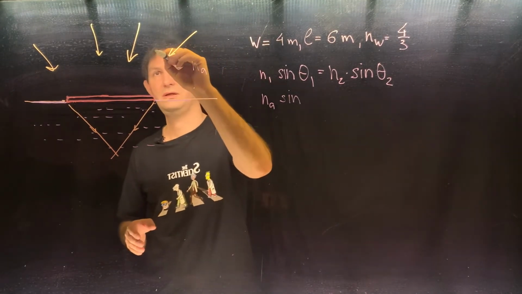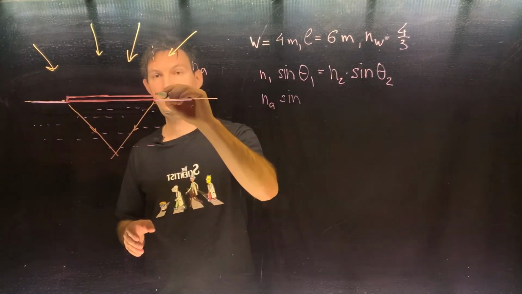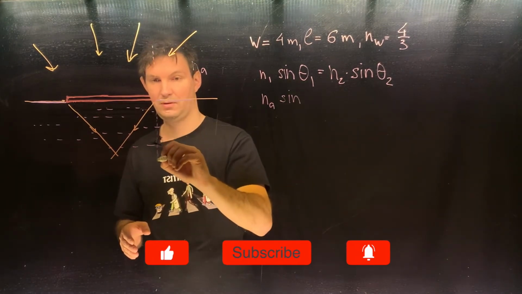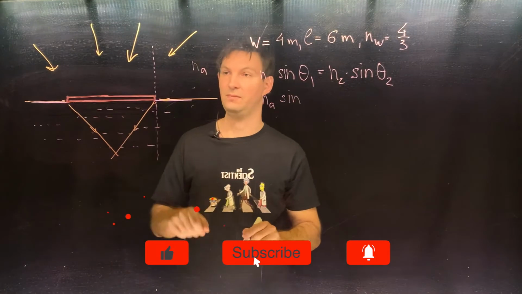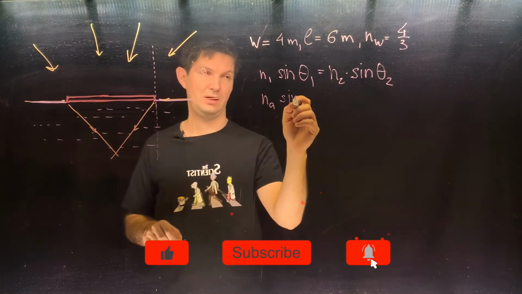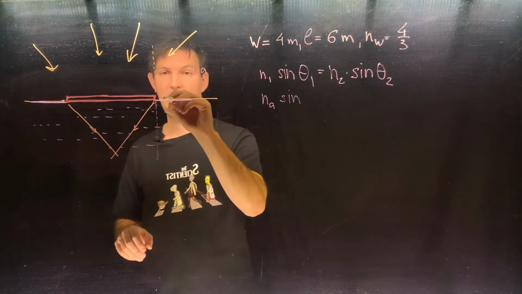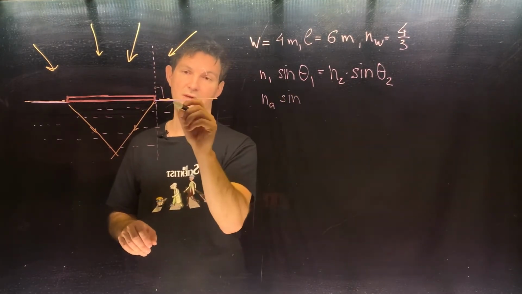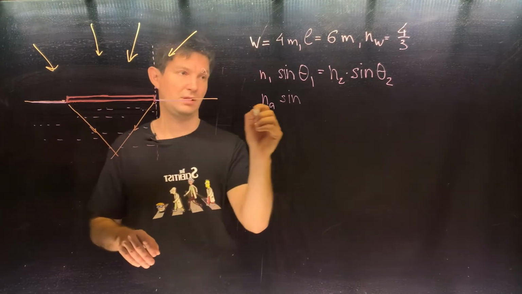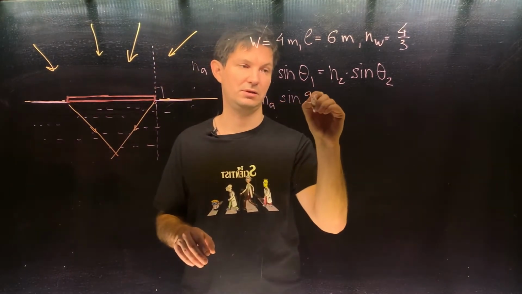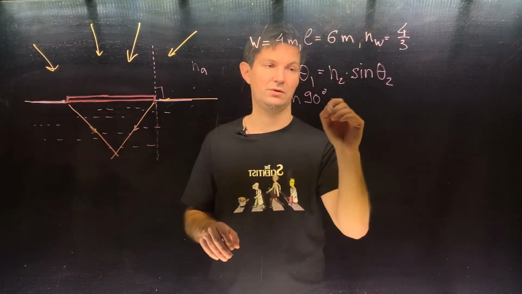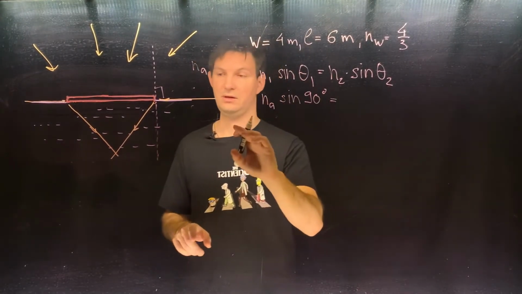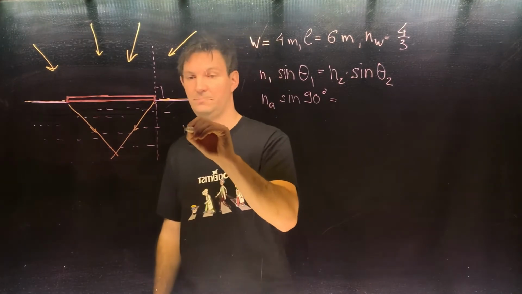In our case, we must draw a perpendicular to the surface of water, and the incident angle is 90 degrees. This is the angle for the last beam here. So it is 90 degrees equals, here is the refracted index, and here is water.